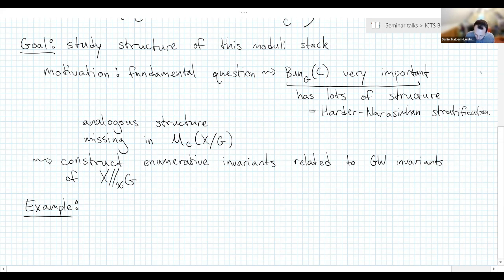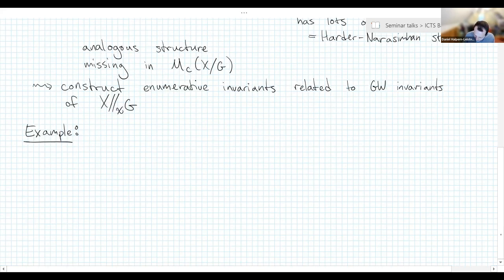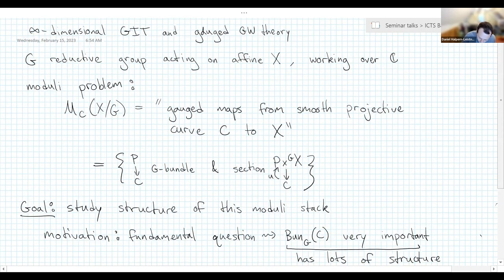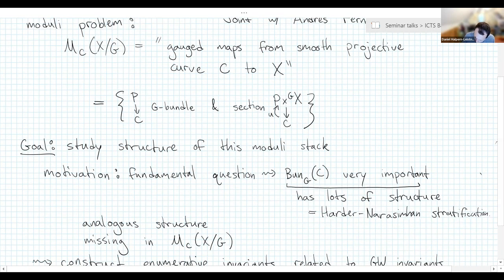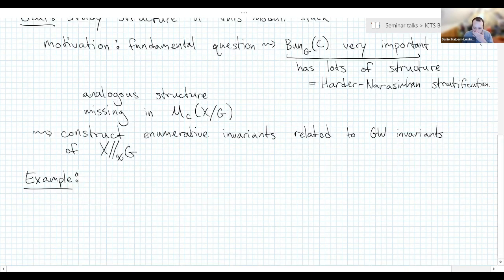I should say that all this is joint work with my former student, Andres Hernandez Herrero. Okay, so the example that I want to keep in mind is what I call the moduli of torsion-free algebras.